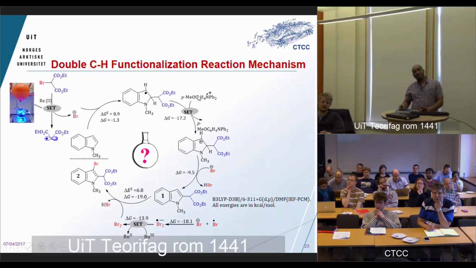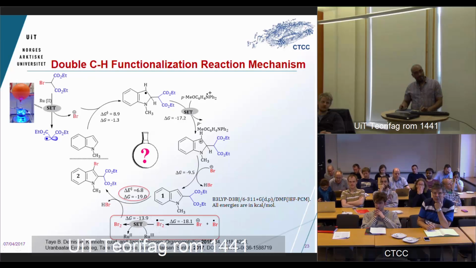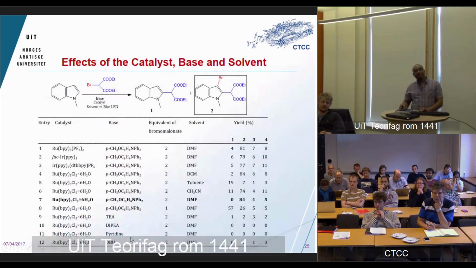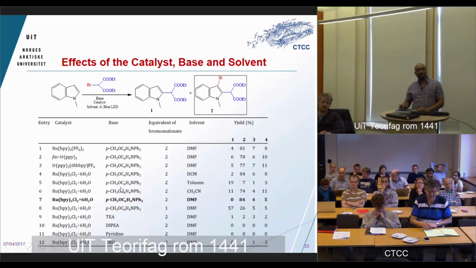So we need this species to accept and donate electron: donating electron to the photocatalyst and accepting electron from this radical intermediate. But in the other bases, we don't have that kind of possibilities. Maybe for pyridine, we haven't tested this one in the calculation. But this is the main reason that this base is performing very well for this reaction condition.